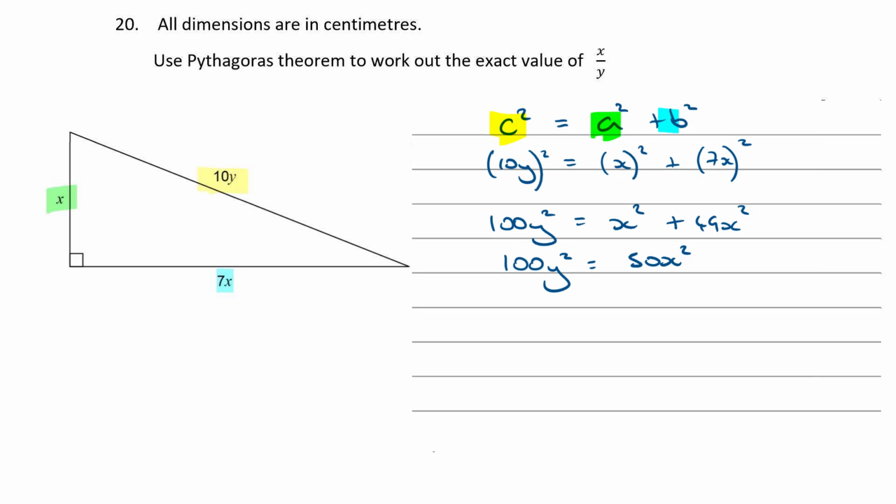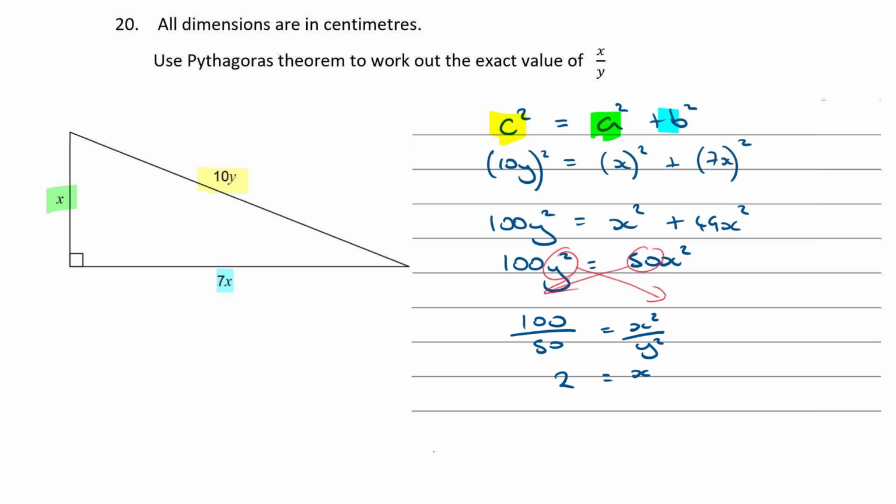So we want x over y. So let's cross multiply then. Let's divide by 50 and by y squared. And that will give me 100 over 50 is equal to x squared over y squared. Getting close. So 100 over 50 is equal to 2. So 2 is equal to x squared over y squared. But I want to take the square root of this.